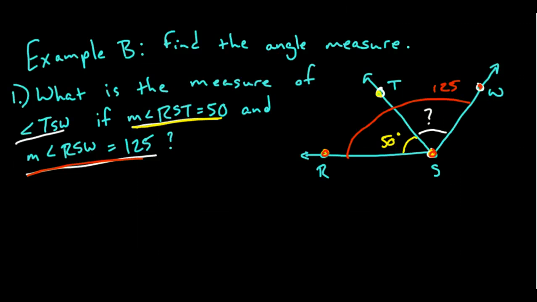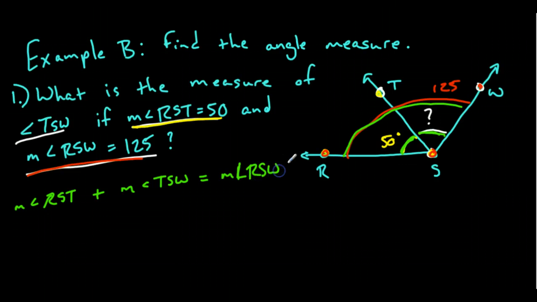Okay. Well, I know the two small ones have to add up to be the big one. So RST, let's go and actually write it out. The measure of RST plus the measure of TSW has to equal the bigger angle. So that's the measure of angle RSW.